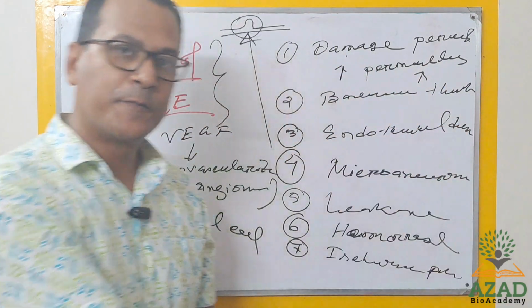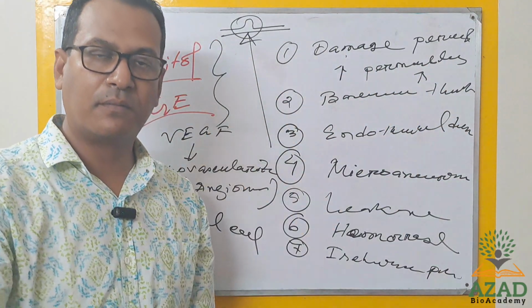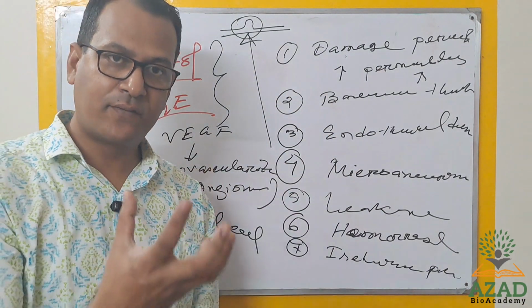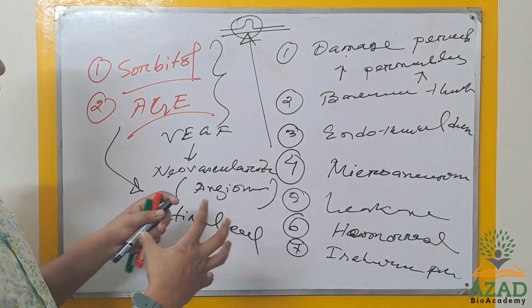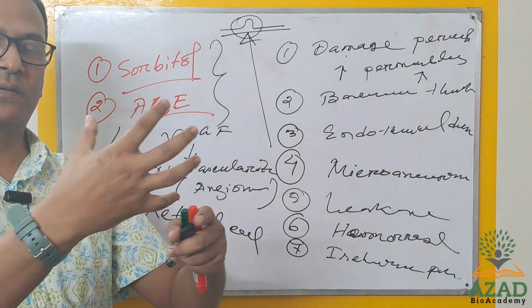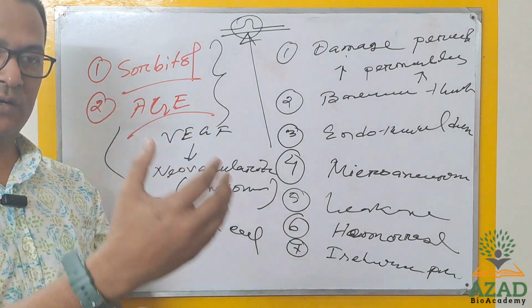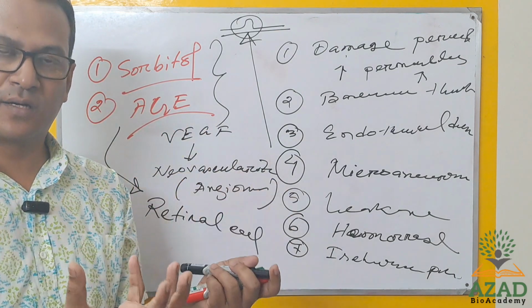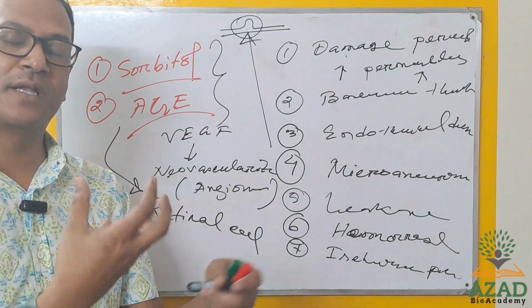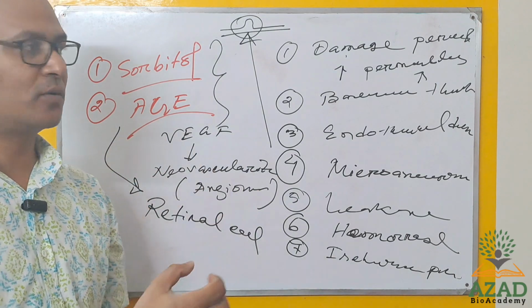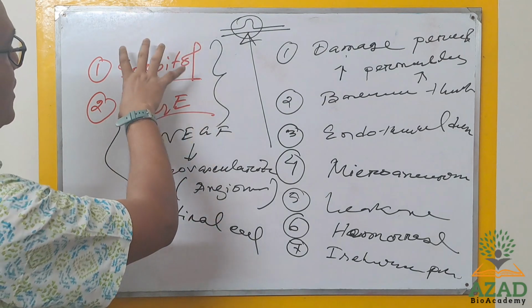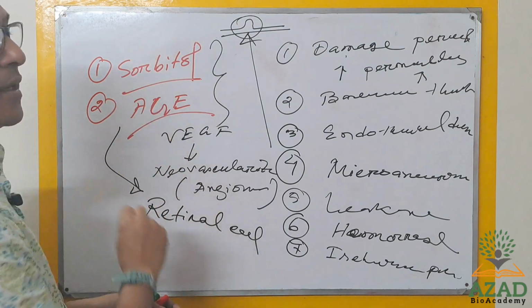You can say the glial cell, bipolar cell, ganglionic cell. If that type of cell swells up or becomes dysfunctional, or your inner protein folding is misfolded, that will create problems. So all the cells of the retina will be affected by the sorbitol and AGE.